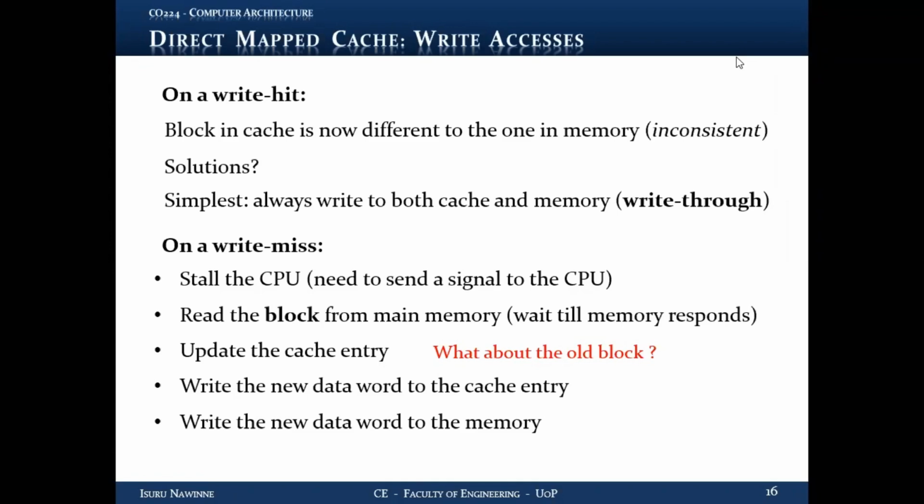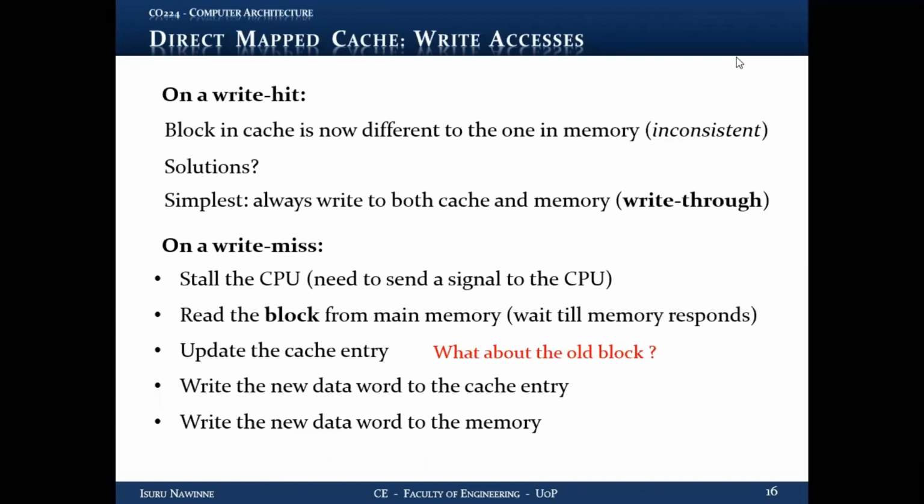Yes, exactly, because that data is available in the memory as well, right? Because our write policy is write through, we always write to the cache and the memory at the same time. For every write access, we update the cache as well as the memory. So losing the data block from the cache isn't a problem for us because the up-to-date data is available in the memory anyway, right?